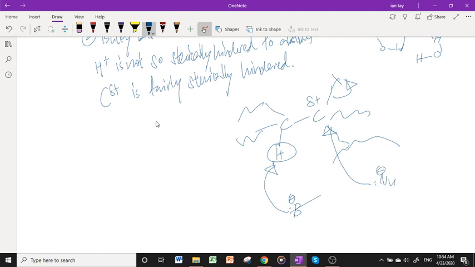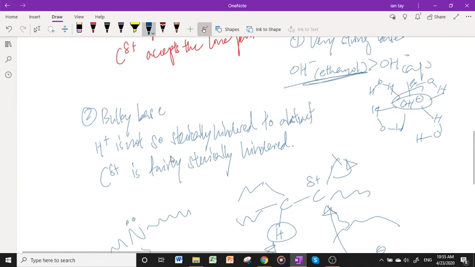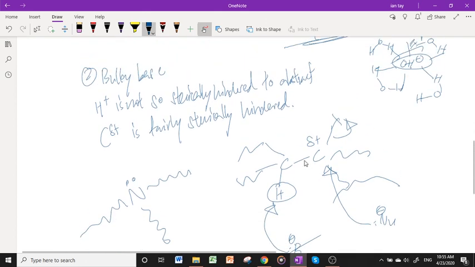So the use of a bulky base that can easily abstract this hydrogen but not so easily attack this carbon would favor elimination over substitution. An example of a bulky base would be triethylamine, or basically any tertiary amine with three bulky alkyl groups attached to it. There are also many examples of interesting bases that can be used for such a situation.